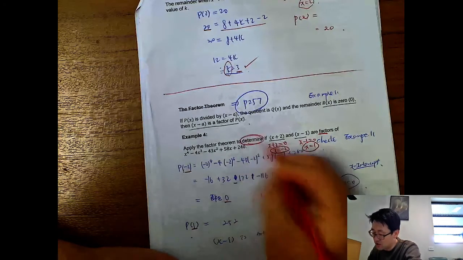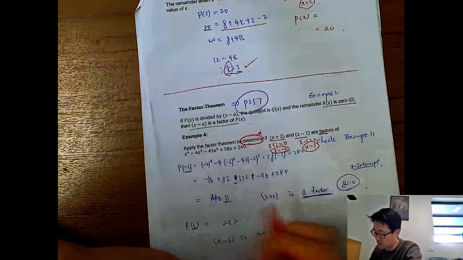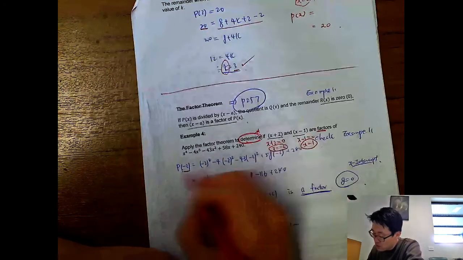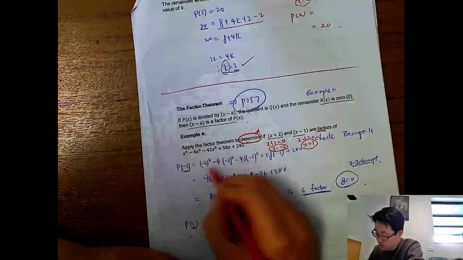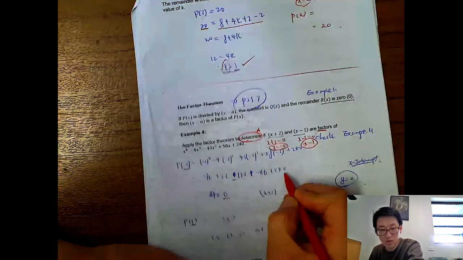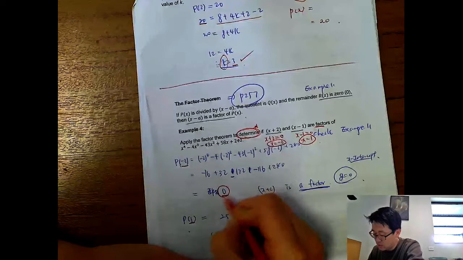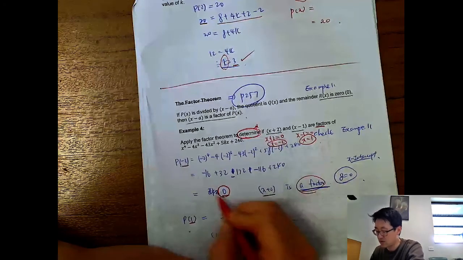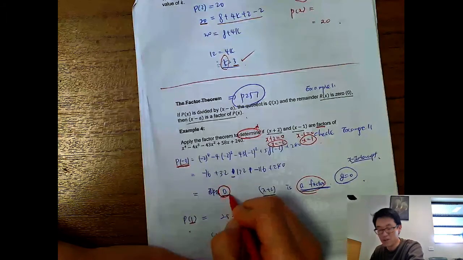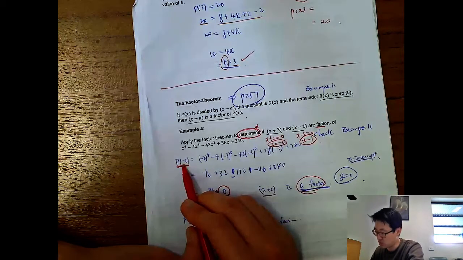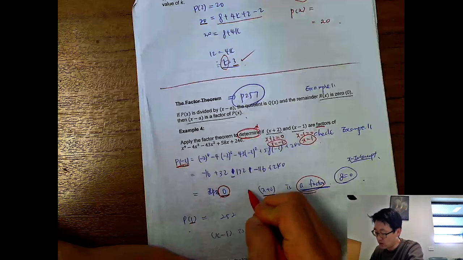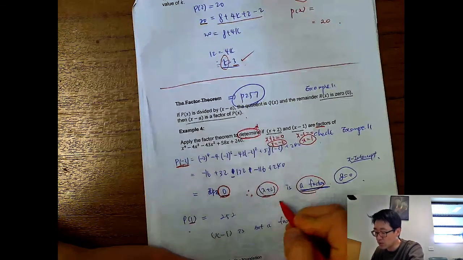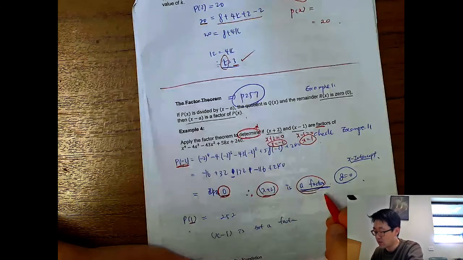Oh, you actually determine. Sorry, you don't have to show, you determine. So you find out whether this is a factor or not. When I plugged in minus 2 and calculated it, you will get equals 0. Therefore, x plus 2 is a factor since the polynomial becomes 0 when I plugged in minus 2. So when you write it down, you should write it this way: therefore x plus 2 is a factor.